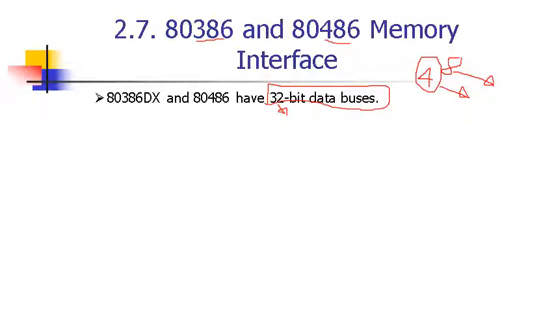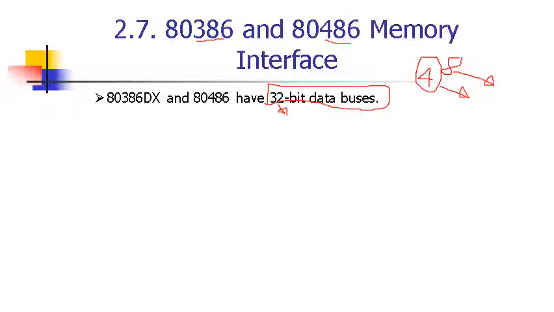You can never be able to do this unless you divide your memory into 4 different banks, because you have a data bus that can be filled with 32 bits at a time. So you can bring in 32 bits at a time or even send out 32 bits at a time from your data bus.